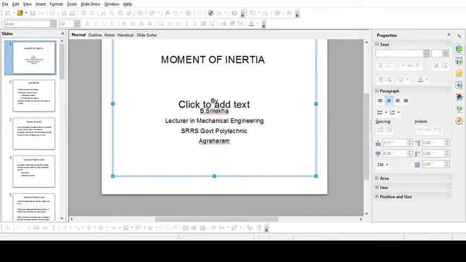If two are perpendicular to each other, then how would you find the moment of inertia about the third mutual perpendicular axis? Next, how will you calculate the moment of inertia and radius of gyration will be discussed in this particular class. Okay, so what actually moment of inertia is?